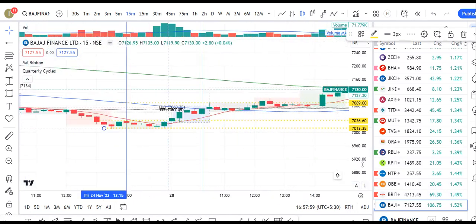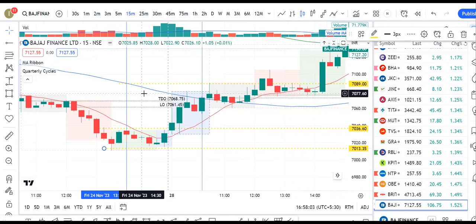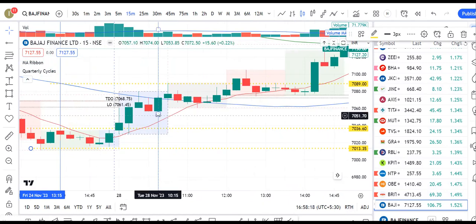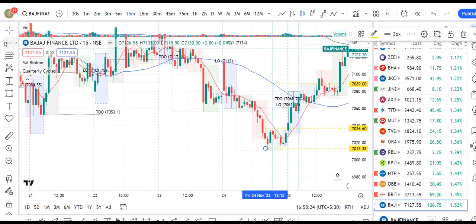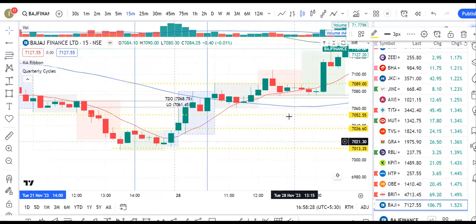Okay, it's not plotting, but you can do your own thing. See, when it started moving above these two, the previous day session through daily opening and through 7061, there was a resistance and it started coming down and made a low around 7053. 7053, you can see over here.